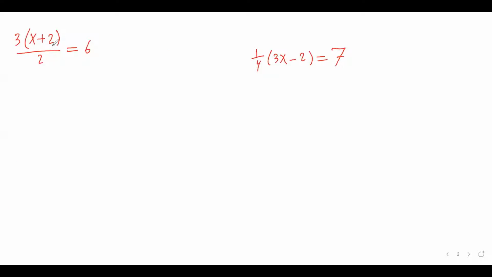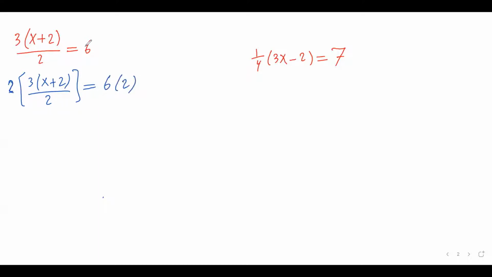3 bracket x plus 2, all over 2, equals 6. So we have a fraction, the denominator is 2, so we have to multiply both sides of this equation by this denominator. Let's do that. 2 times 3 bracket x plus 2 over 2. That's the left side, and we have to do the same thing to the right side as well, so 6 times 2.